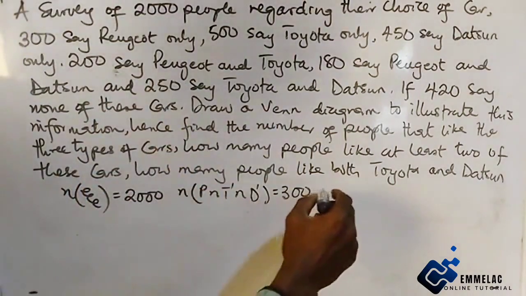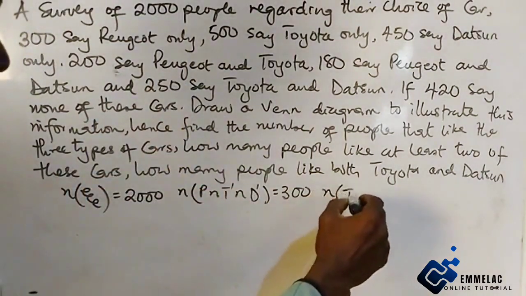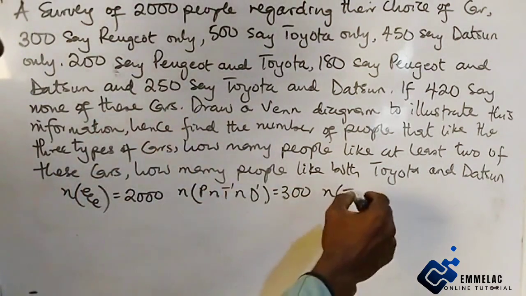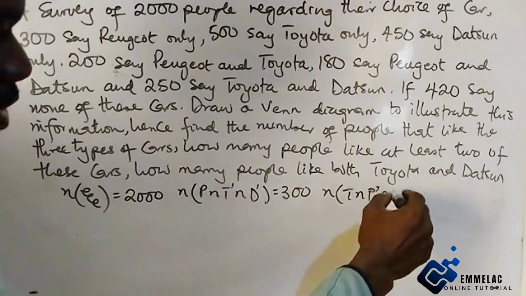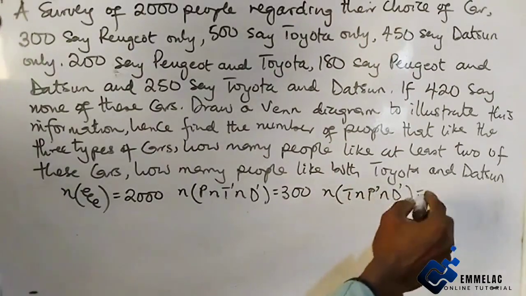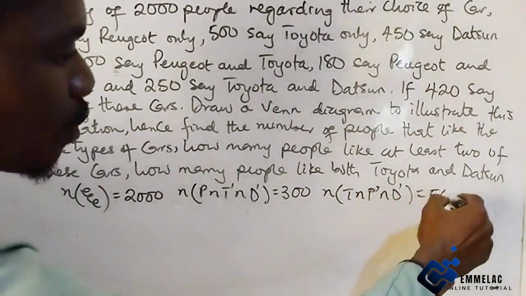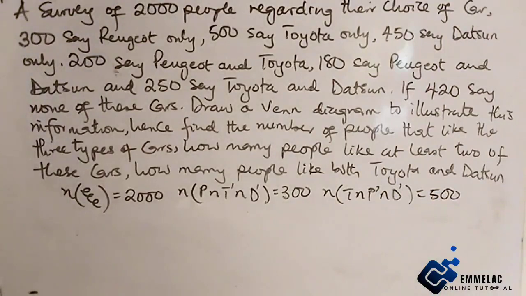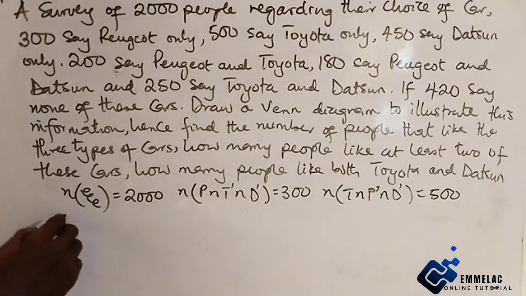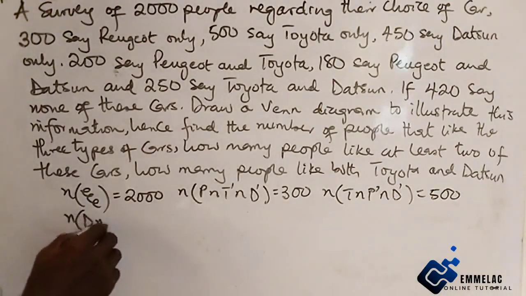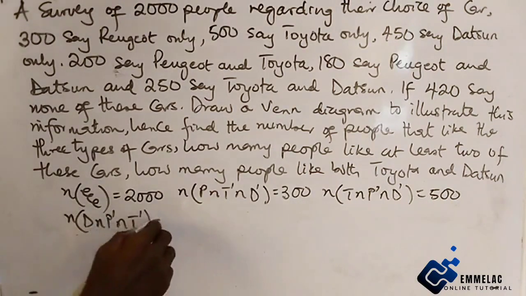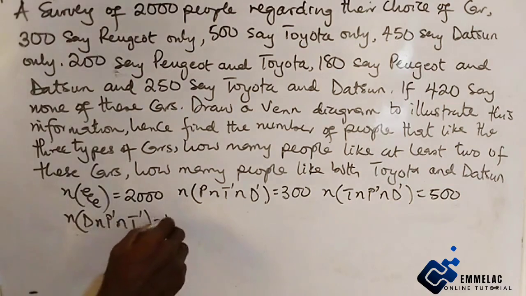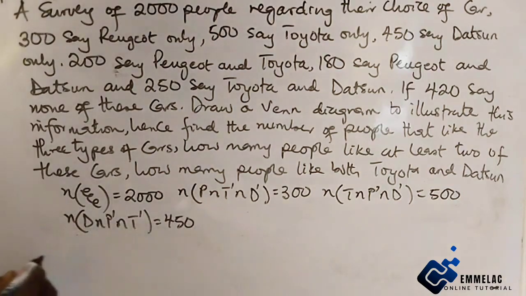For Toyota, that is T, the same thing: P prime intersection D prime equals 500. For Datsun only, the number of D intersection P prime intersection T prime gives us 450.